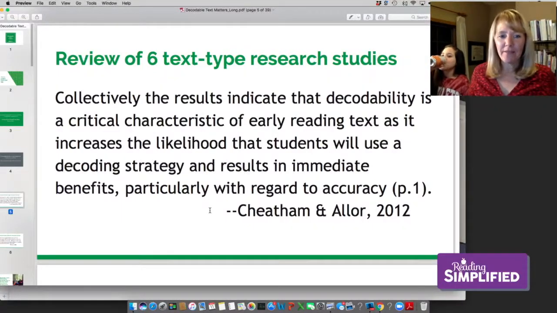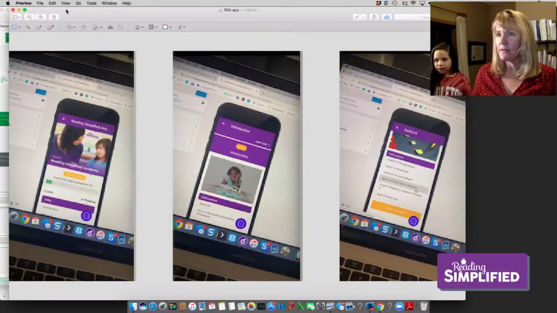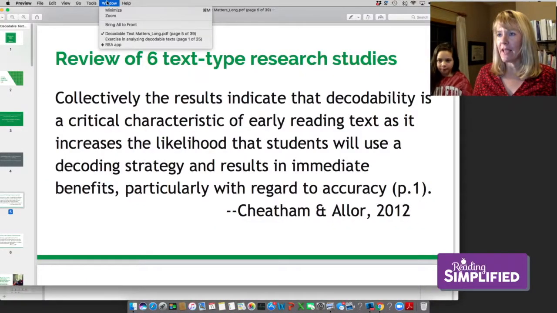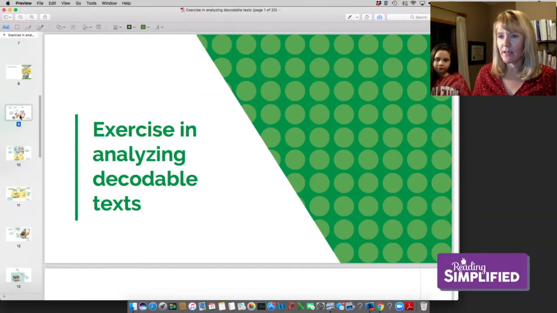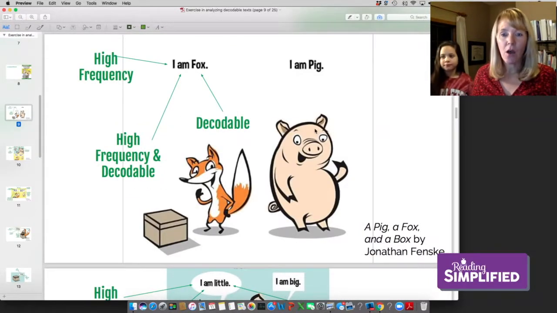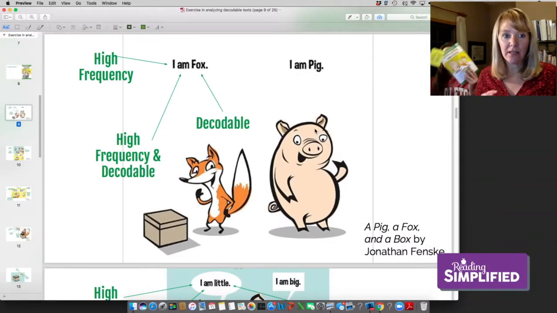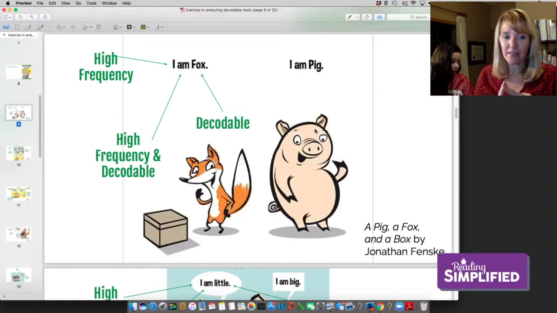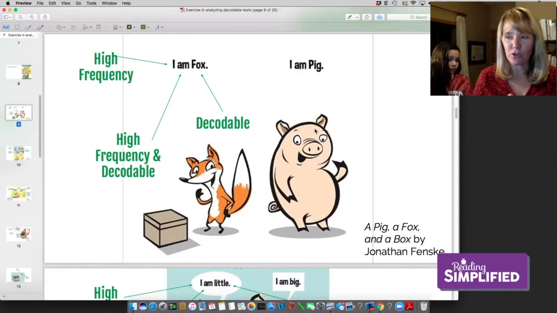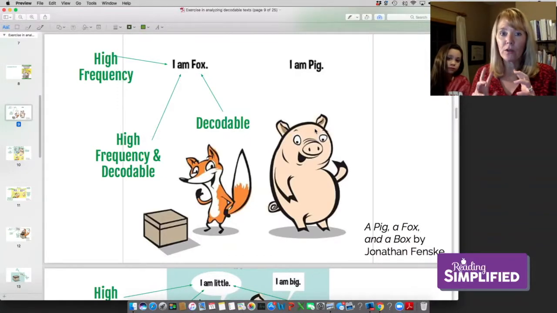Okay, so what are they saying? That when a student encounters a text like this, where they have the ability to attack words from a decoding perspective and not have to make guesses, and they don't have to entirely rely on the picture, then they're more likely to put into practice the thing that they've been working on.